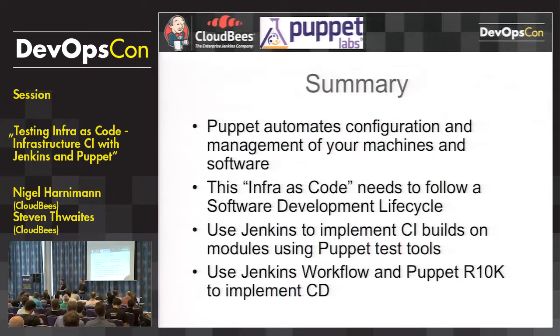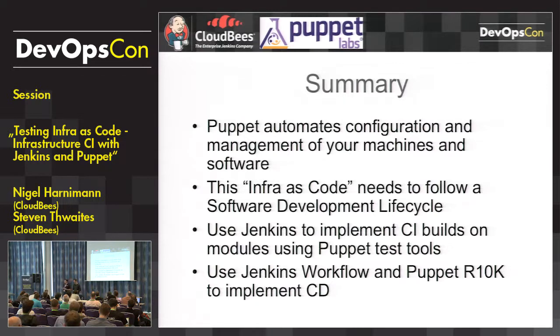But in developing that infrastructure as code, you need to test it. You need to follow a software development lifecycle. And that means that we should look to the technologies that developers have been using probably for the last 10, 15 years. With the advent of Agile and continuous testing, tools like Jenkins have really come to the fore as the enabler of that CI pipeline.